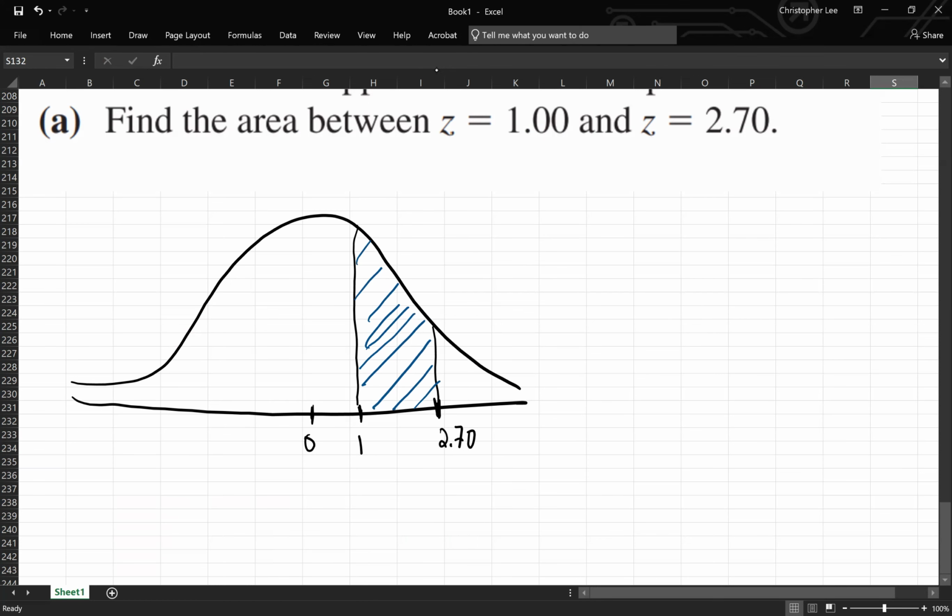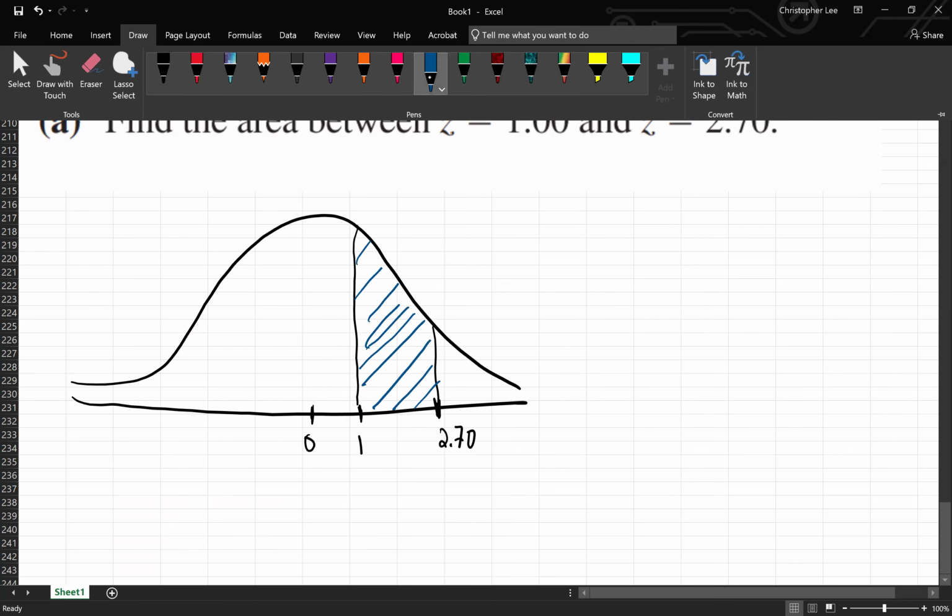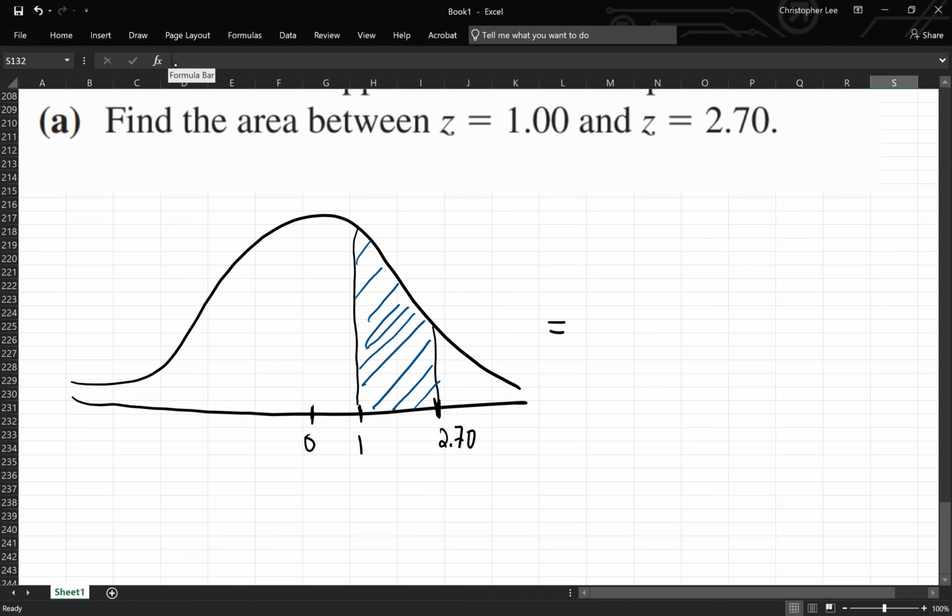Here's what I'm telling y'all to do. You're gonna take the area of the 2.70 to the left of it, all of that, and you're gonna subtract it from the area of the 1.0.